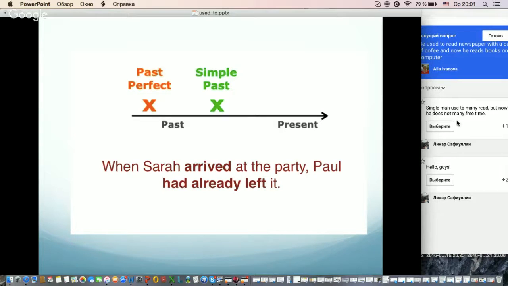Почему так? Потому что одно из действий является просто прошедшим. Другое же действие является предпрошедшим. То есть другое действие предшествовало какому-то прошедшему событию. So when Sarah arrived at the party, Paul had already left it. То есть к тому времени, как Сара прибыла на вечеринку, Пол эту вечеринку уже покинул.